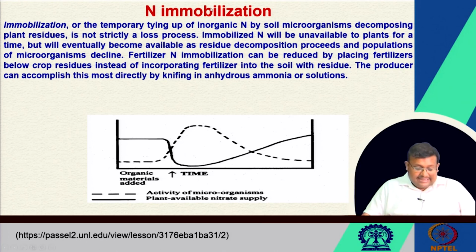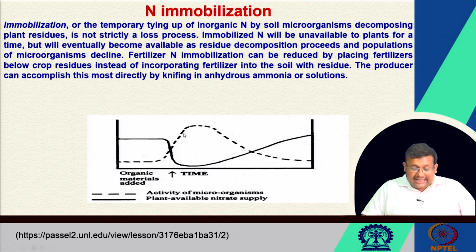Here you can see that this graph is showing the changes in the activity of microorganisms and plant available nitrate supply with respect to time. So, you can see the temporal variation of these two aspects. When we are adding organic material, the activity of the microorganisms will increase, because organic matter will serve as a source of carbon, or in other words a source of energy for them.